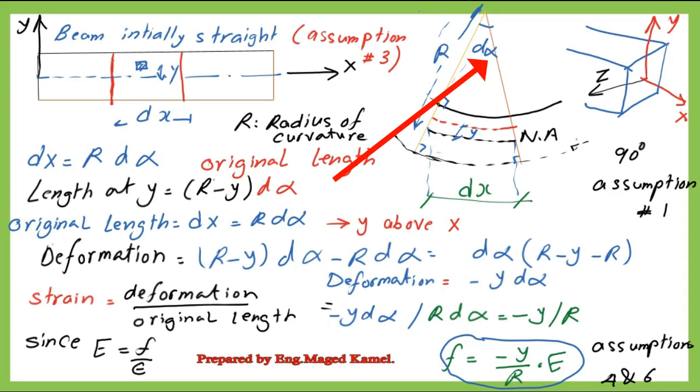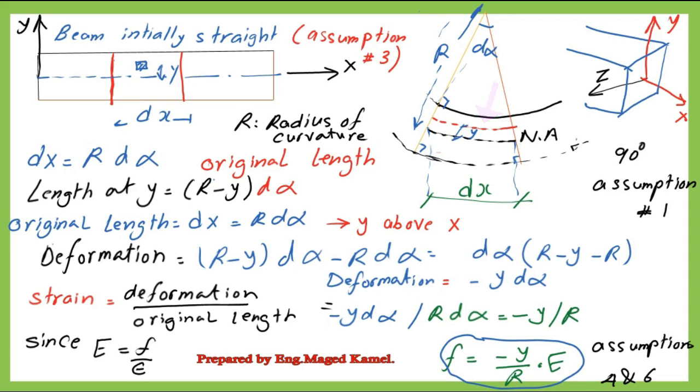Now we are going to find the strain value. Before deformation, there was no strain. After deformation, this segment with the length dx will become r d alpha. For the element at y distance up, its length originally was dx, while after deformation, the length will become (r minus y) multiplied by d alpha.